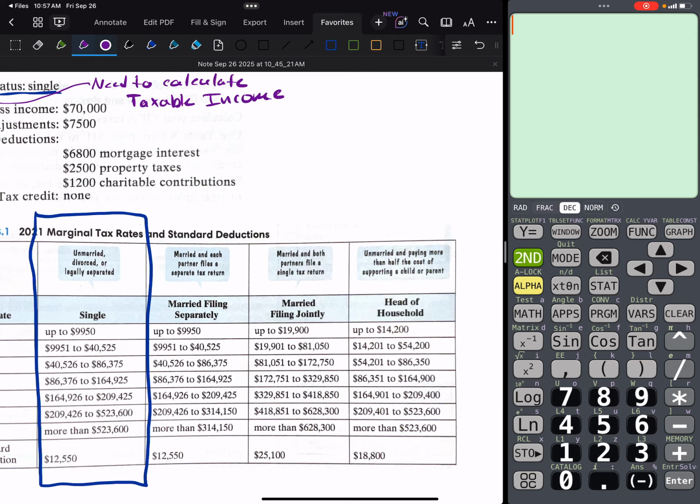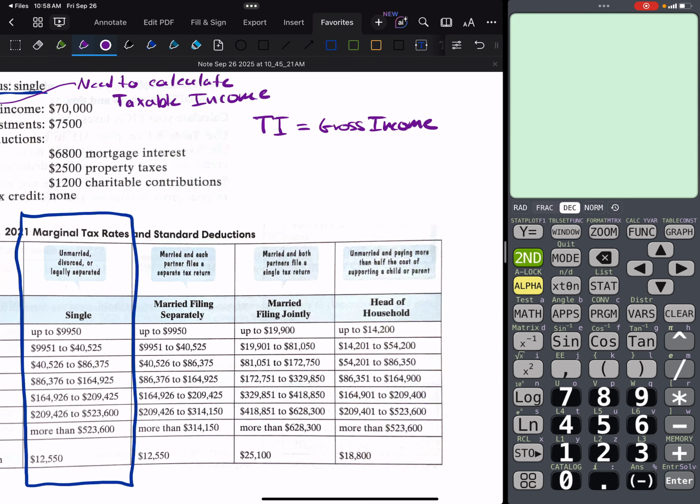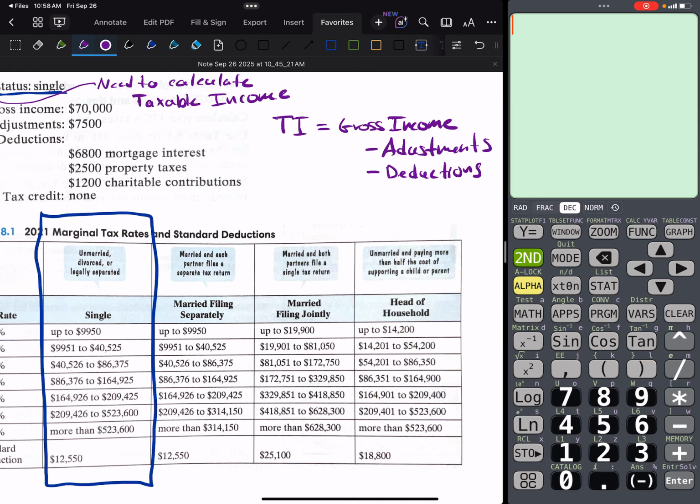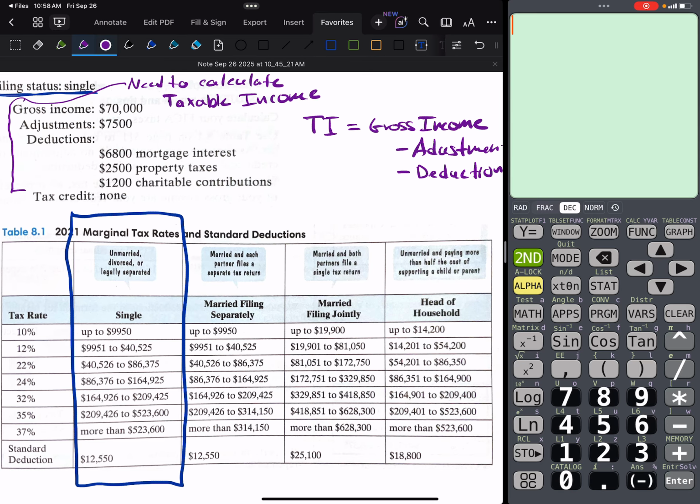Now, to calculate that taxable income, I'm just going to call it TI. Taxable income is going to equal my gross income, and then that will be minus my adjustments, and then minus my deductions. The adjustments are literally as straightforward, and the gross income.